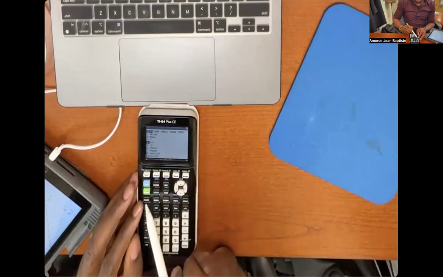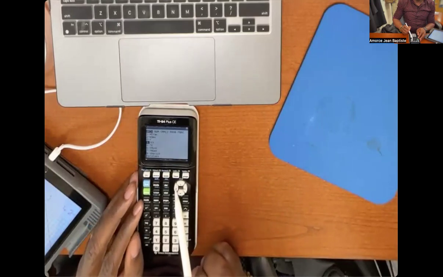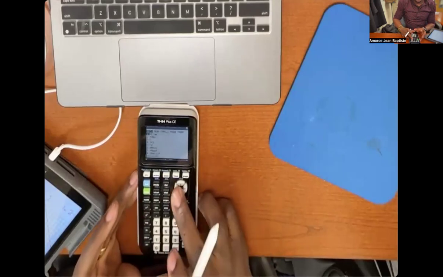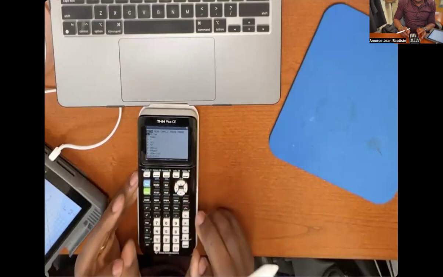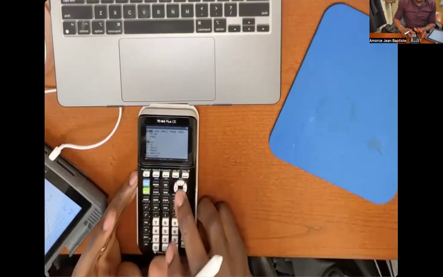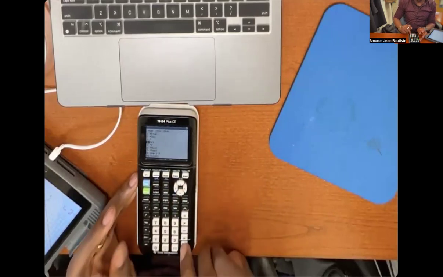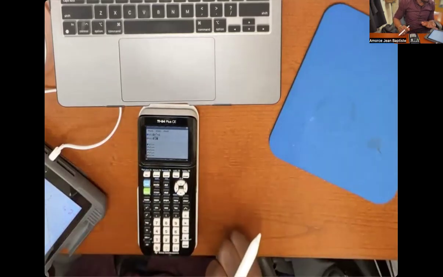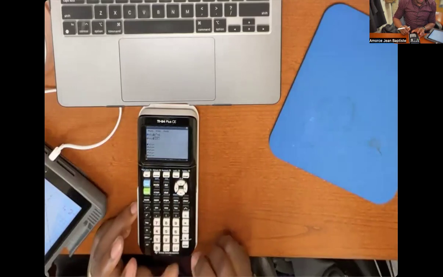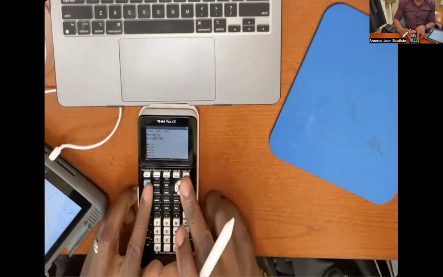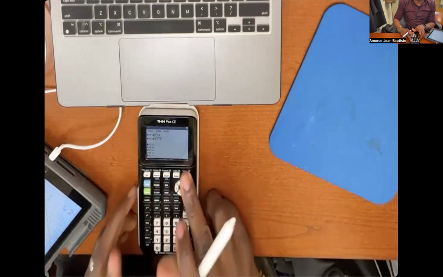So it's math, and then go down to 4 and then enter, which gives you the cube root. Then you type the function x minus 6. Now I'm going to get a table, second, and graph would give you the table.